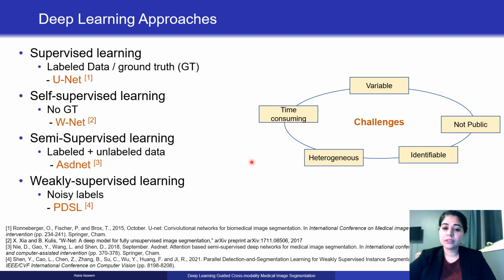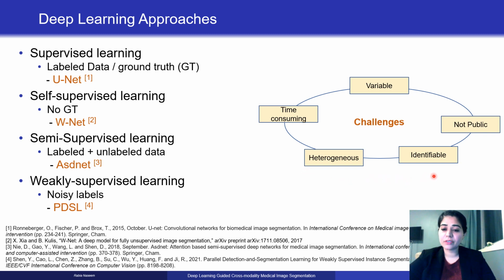Deep learning in general faces a lot of challenges when it comes to medical data, because the medical data comes from heterogeneous sources collected from different clinical sites using different scanning protocols and acquisition parameters. It is a bit challenging to train the network on this heterogeneous data.